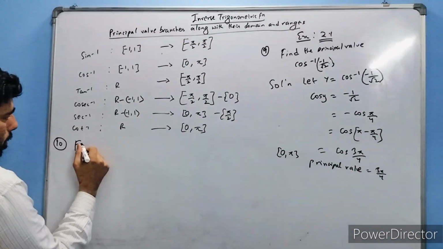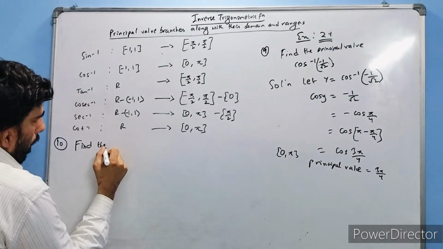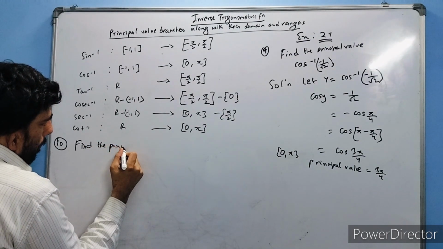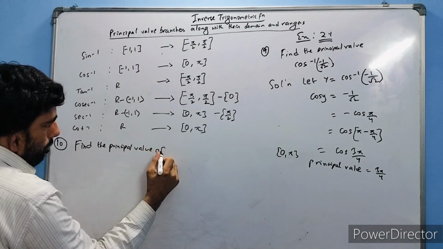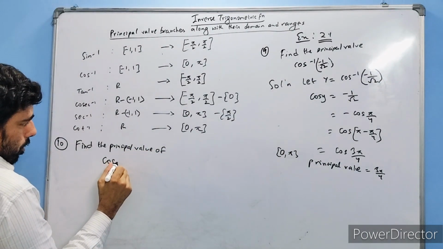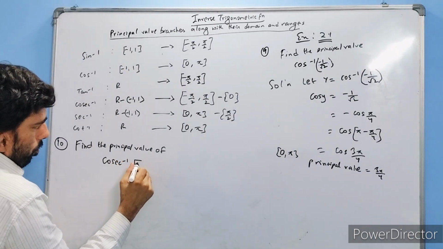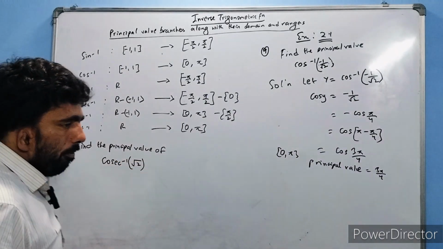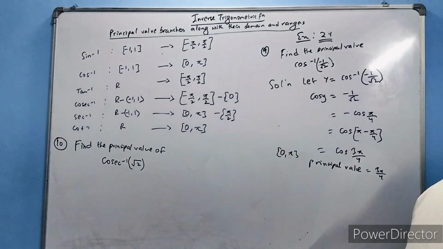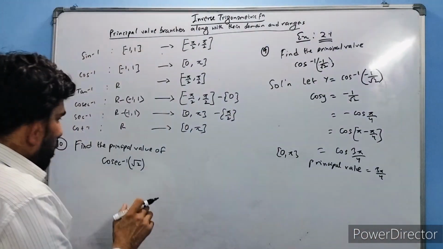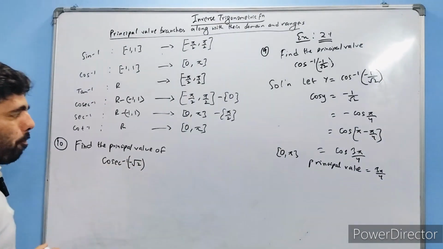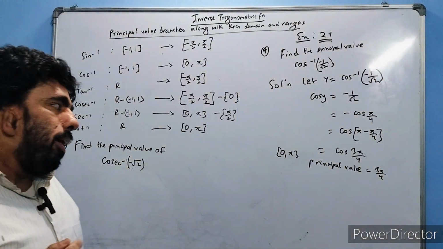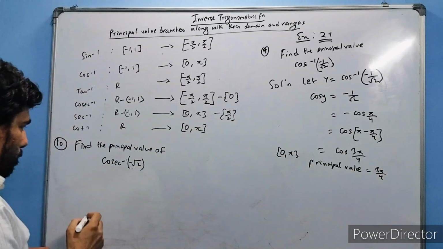We have cosec inverse minus root 2. Okay, so let us try to solve this.